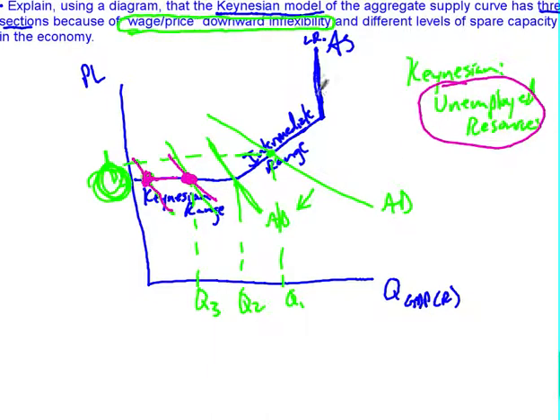Only when aggregate demand starts getting up here do resources start getting more scarce. That's when you start to see wages and prices rise, because there's more pressure, more demand for the resources that we have. And this is what it's talking about, different levels of spare capacity.